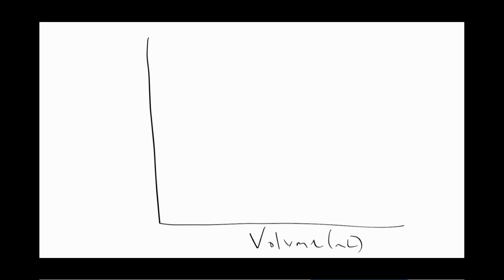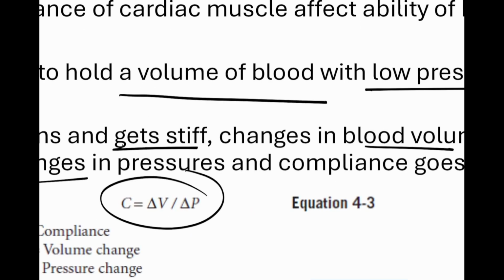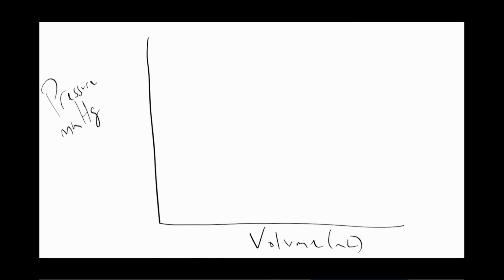The y-axis is going to be pressure, in millimeters of mercury. So we're establishing a pressure volume loop that we're going to start here. But for now, we are talking about compliance. Compliance is changes in volume over changes in pressure, and that's what we're going to do graphically right now. So here are our pressure points. 100, 80.